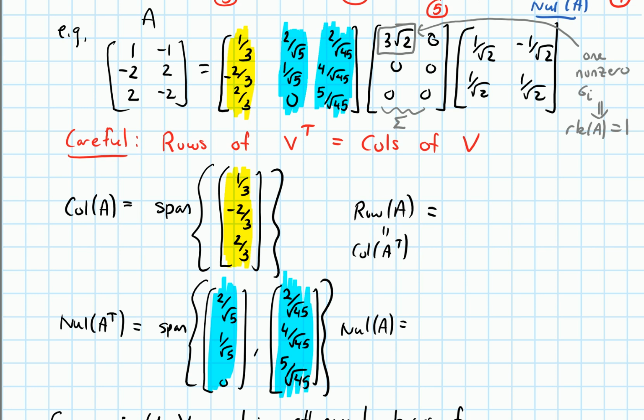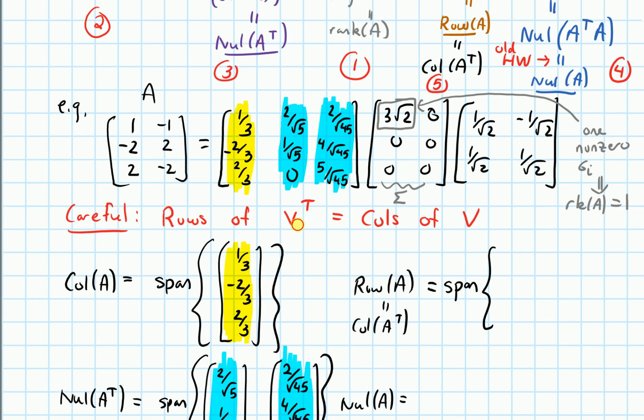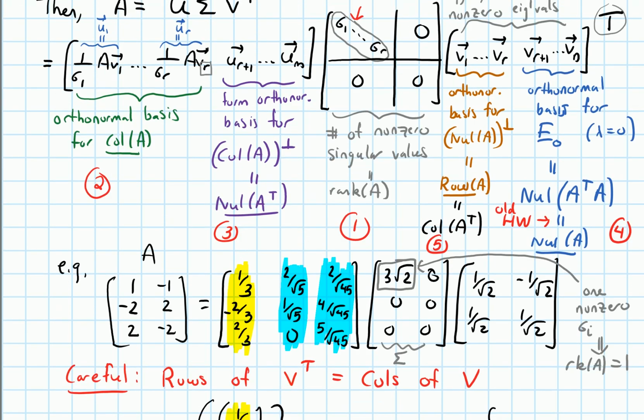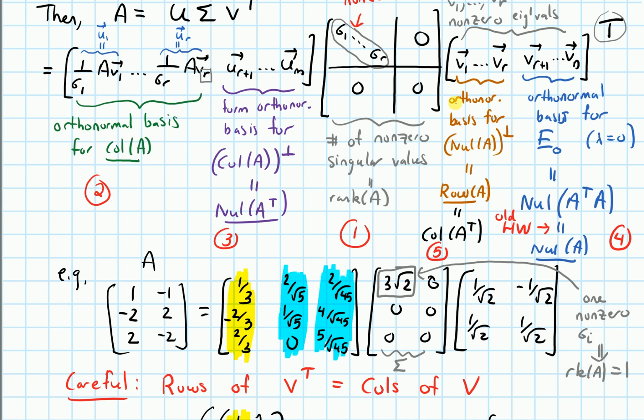So next, let's do the row space, which is the same thing as the column space of A transpose. What is this going to be the span of? If we look at our work above, an orthonormal basis for the row space is the first R columns of the matrix V. But one thing we need to be careful about is, notice that when we see our singular value decomposition written, this matrix right here is V transpose.